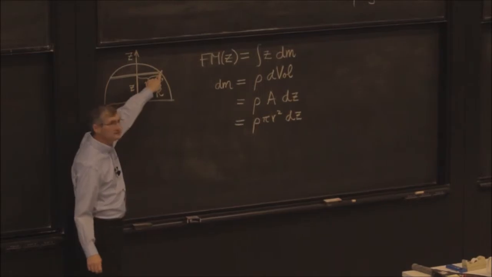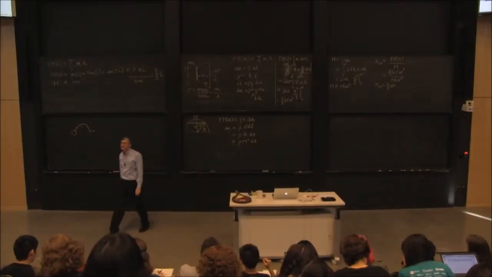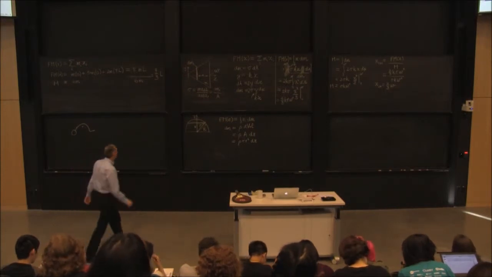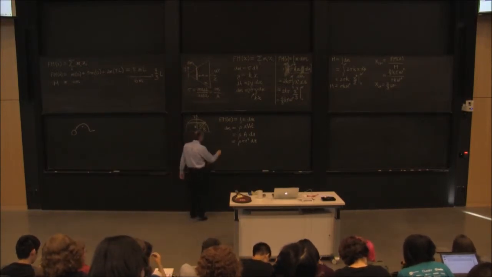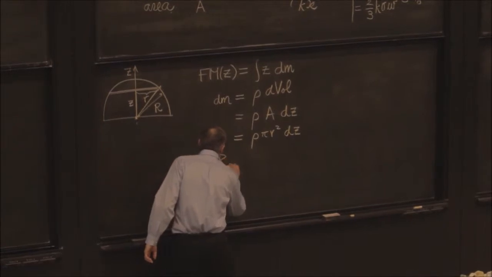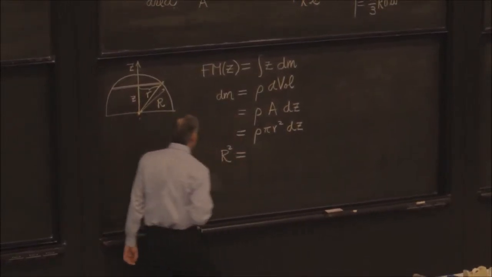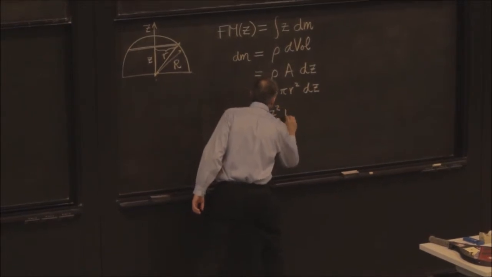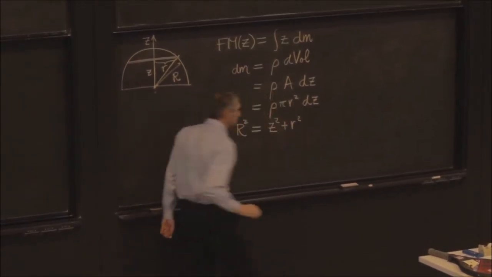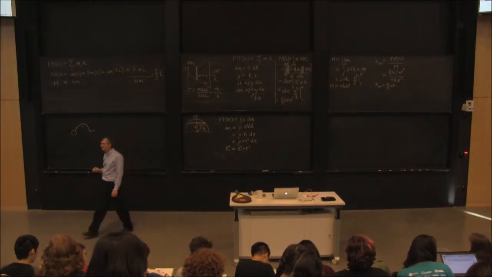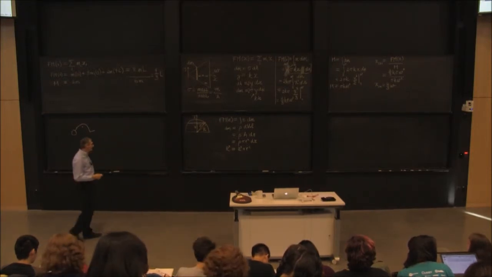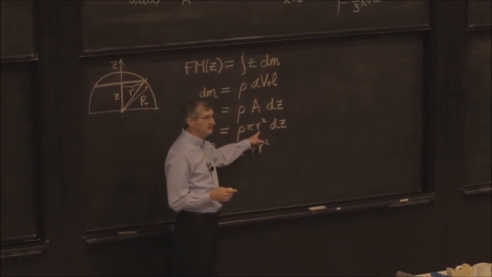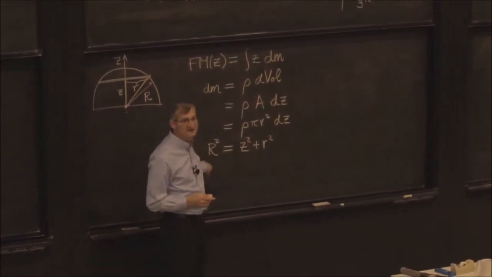And what's this length, the hypotenuse of the triangle? That's the radius of the hemisphere. So can't I write that the radius of the hemisphere squared is the sum z squared plus r squared, by the Pythagorean theorem. So that means I now have a way of expressing r squared that only relies on z and a constant.